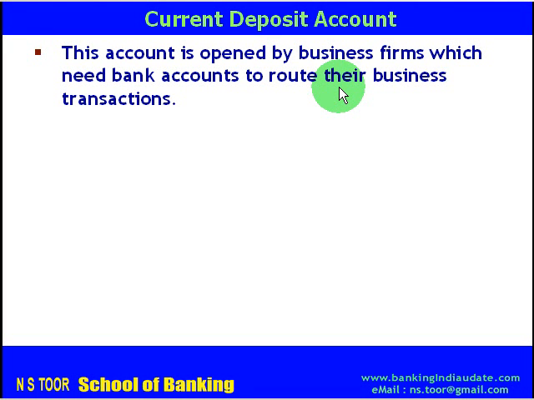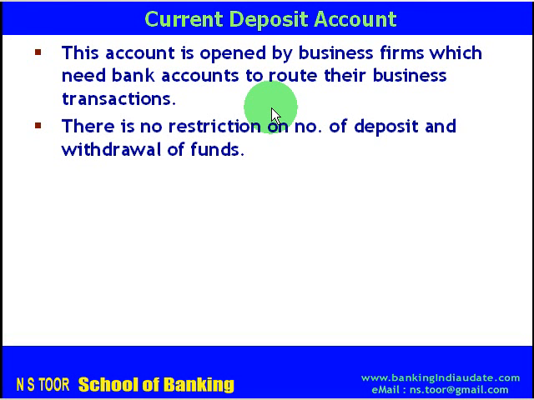For that purpose they open a current deposit account. In this type of account, there is no restriction on the number of deposits or the number of withdrawals. So there can be any number of deposits or any number of withdrawals.